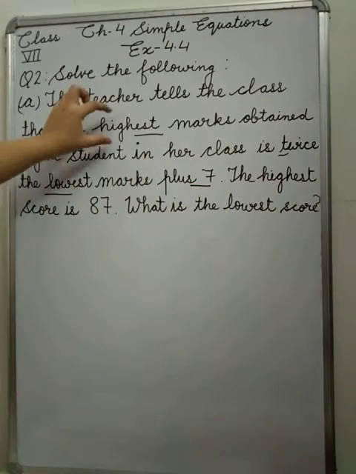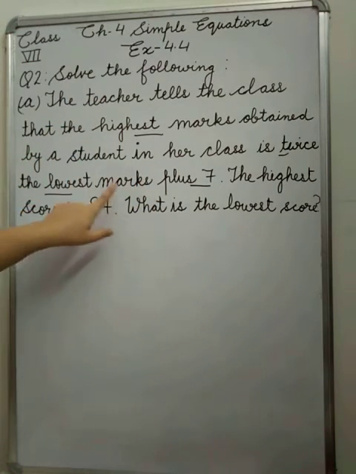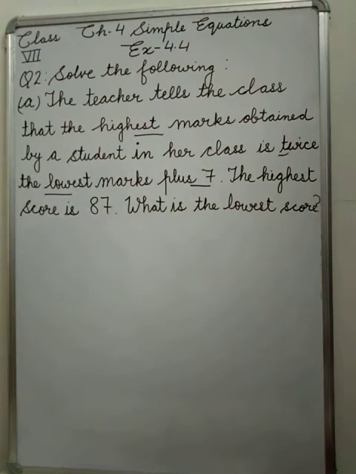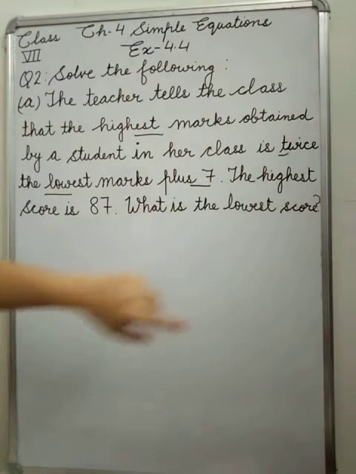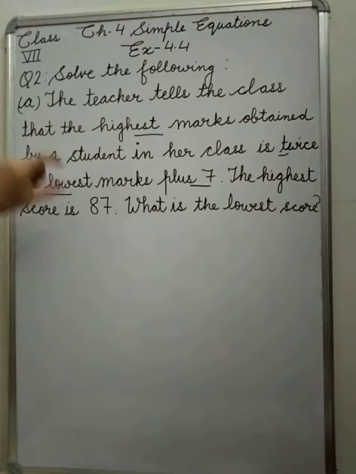So the highest marks is 2 times the lowest marks plus 7. But the actual highest marks is also given, that is 87. When you equate both of them, you will get the value of the lowest score.